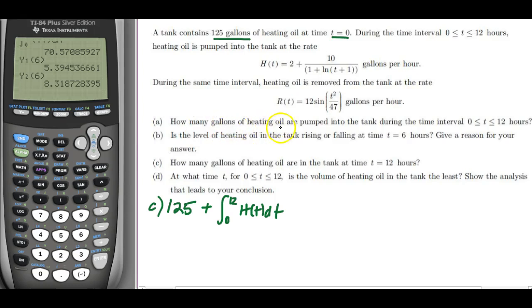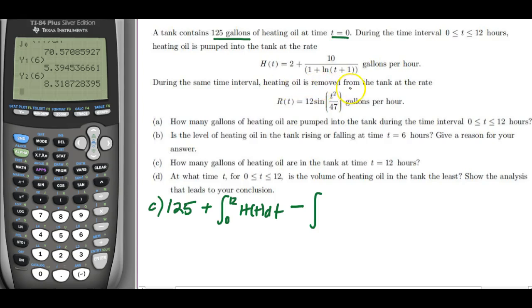So how many gallons of heating oil are pumped into the tank between 0 and 12 hours? That answer was found in part A. So how many total gallons are in the tank at 12 hours? Well, 125 was what we had to start with, plus this is my setup from part A. This is how many gallons entered during the 12-hour time frame. And I need to subtract how many left.